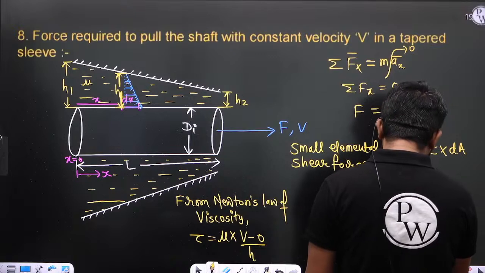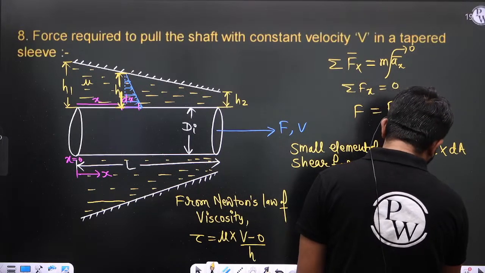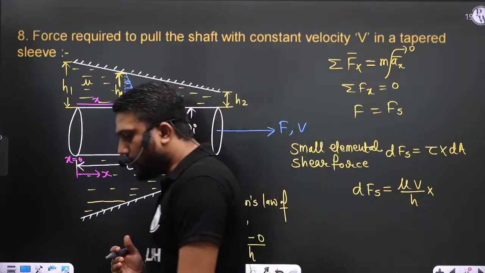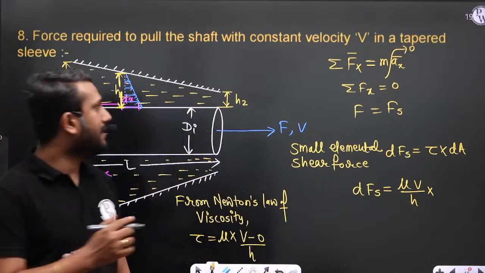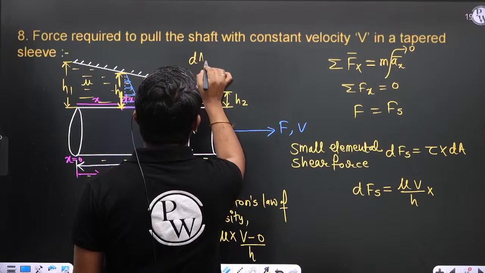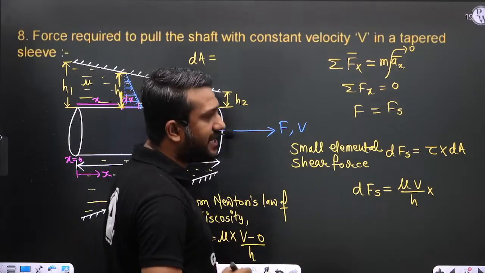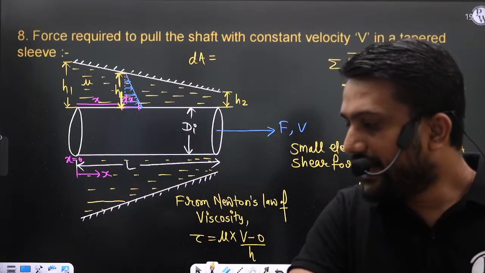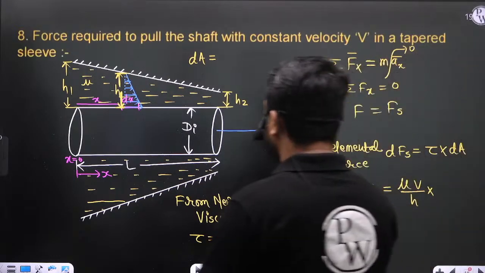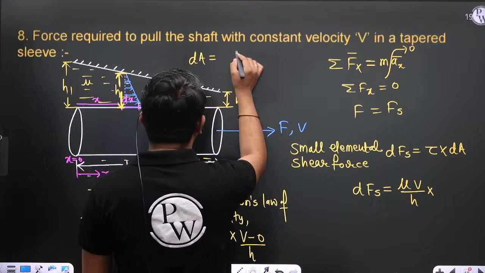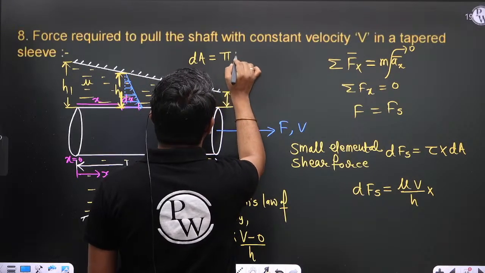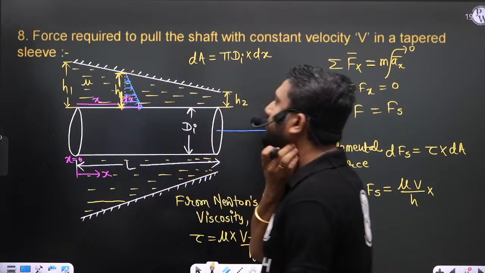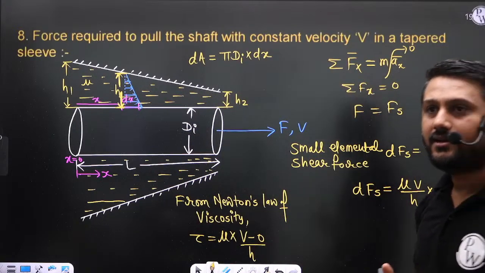Now we can write dFs is equal to mu V by h into dA. What is dA? Can anyone tell me what is the small elemental shear area? That dA is pi d_i into dx. Yes, very good.